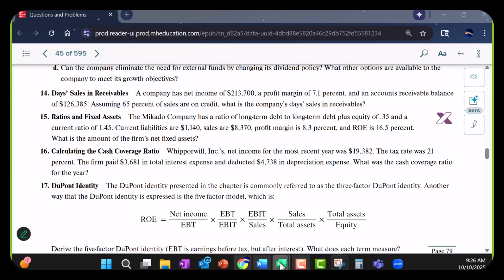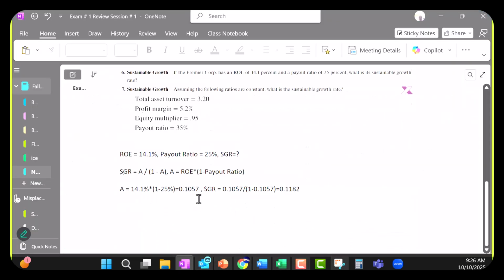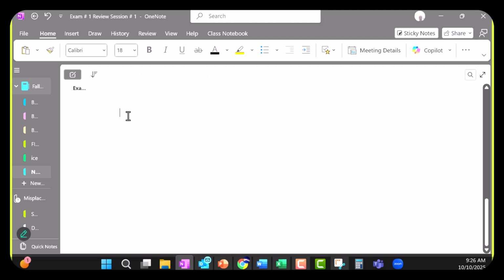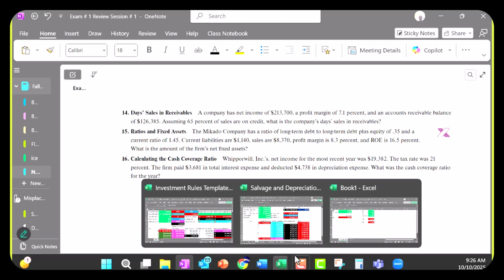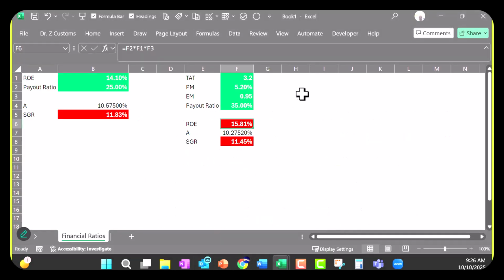Copy. I'm going to paste them here. But since there are a lot of numbers, let's do these in Excel. Okay, let's think about the first problem. Let's do it here.